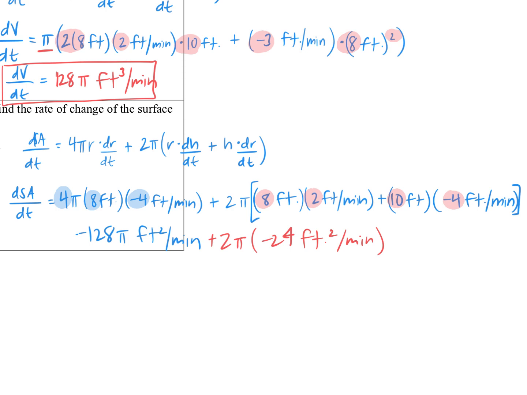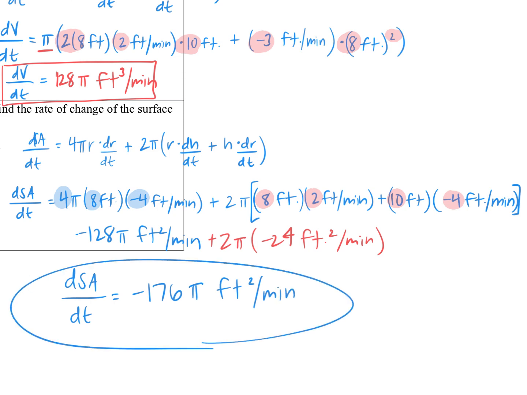And then I can go ahead and combine these two things together. So my surface area is changing at a rate of, yes, negative 176 pi feet squared per minute.